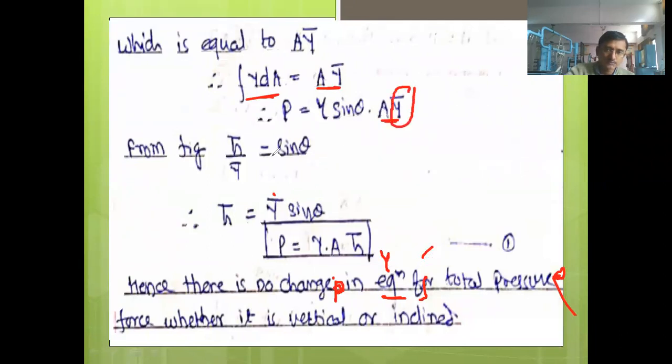I can put h bar, because h bar is equal to y bar sin theta. We saw this trigonometry earlier. So y bar and sin theta are here, and instead of that I can put h bar. And I have got this equation: P is equal to gamma A h bar.